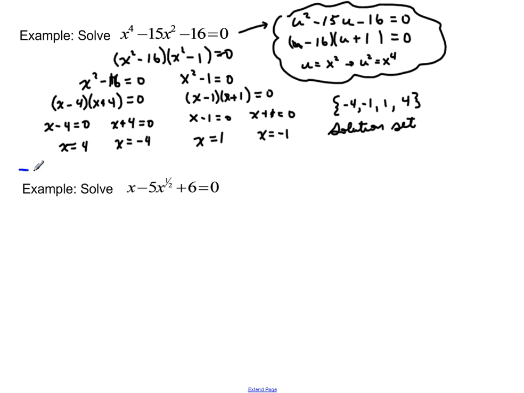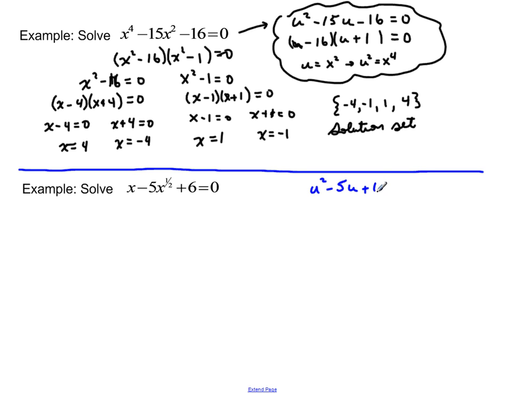And again, if we recognize the situation, this looks like one of those quadratic forms again, where if I had u squared minus 5u plus 6 equals 0, I could factor this one directly as u minus 2 times u minus 3 in my factorization, and then set each of these values equal to 0. But again, remember in this case we're saying that u is taking the place of x to the 1/2.